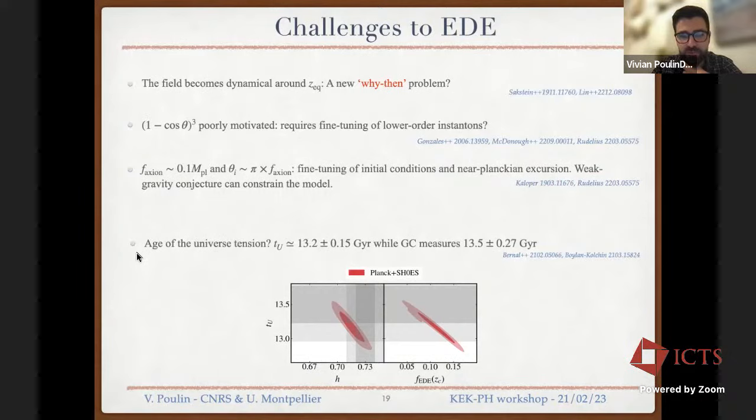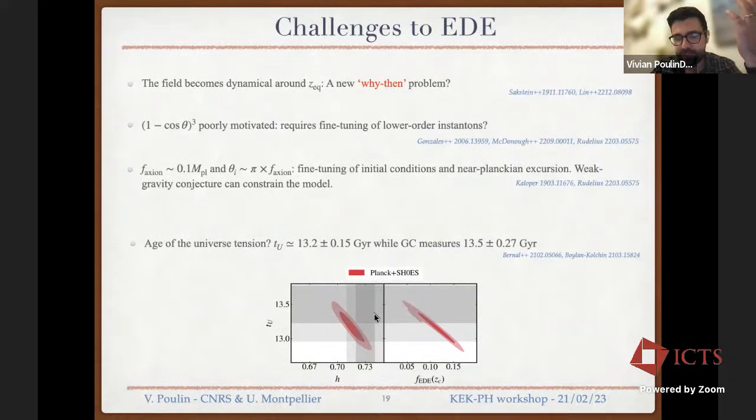Another problem that is a bit overlooked is a potential issue with the age of the universe, because in the early dark energy model, and in fact it's very generic to many of the models that invoke new physics in the early universe, the age of the universe is going to change due to an anti-correlation with H0. Essentially, since we are not changing the matter density, but we are increasing the value of the Hubble parameter, the age of the universe is now lower.